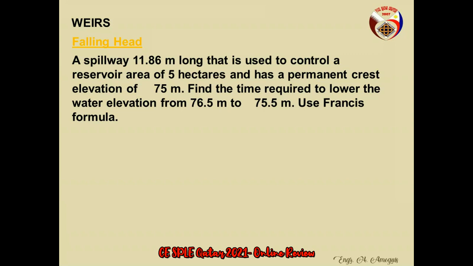Yung H natin is galing yan sa weir plate, papunta doon sa taas. Kasi head ang pinag-usapan, hindi naman total depth ng channel. So, it should be head above the weir plate. So, this should be from H1 to H2.